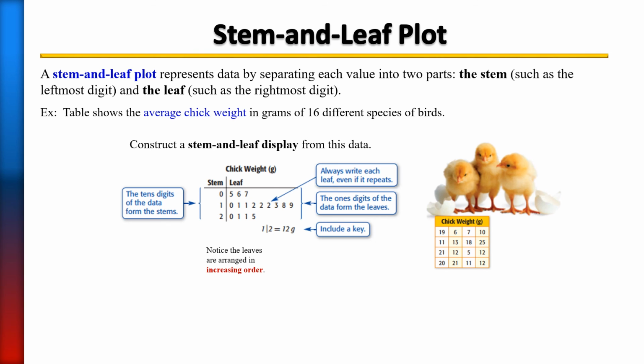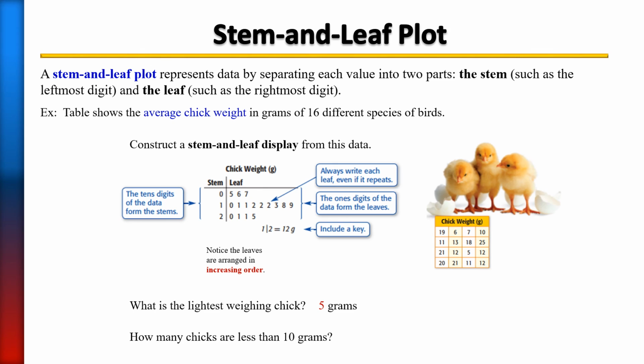So let's answer a few questions based on this data. What is the lightest weight chick? These values refer to the weight. So all we need to do is find the least value, and the least value would be at the very beginning of our stem and leaf plot, and that's 0, 5. So the lightest chick would be 5 grams.